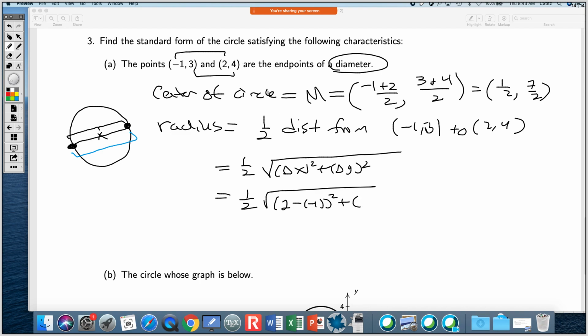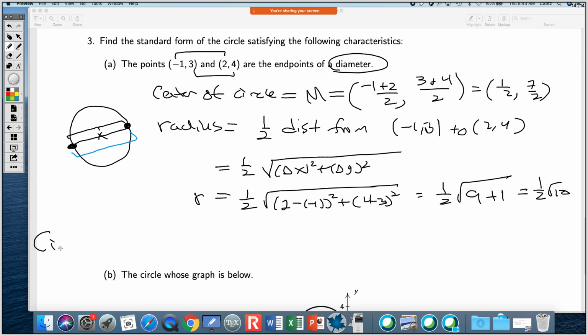Delta y is 4 minus 3 squared. So this would be 1/2 the square root of, 2 minus a -1 is a positive 3. 3 squared is 9. Plus 4 minus 3 is 1. 1 squared is 1. So I get 1/2 root 10. And so that's my radius.